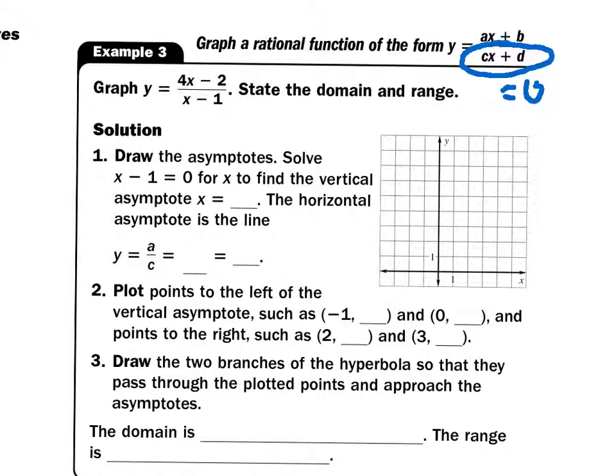To find the horizontal asymptote, you're going to take the a and the c and solve that fraction.